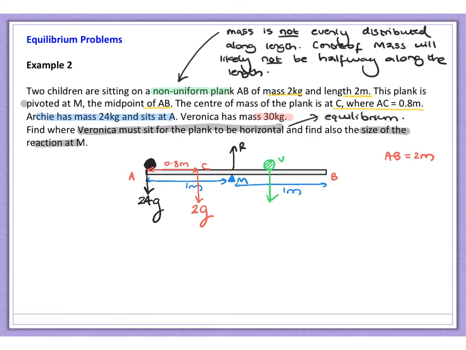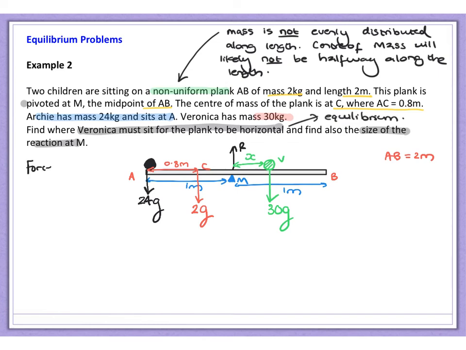And let's draw in her weight, which is 30g. Now, I don't know how far she is from B or from C, from A or from M. I'm going to say Veronica is x metres away from M. Again, I could take that measurement from B. Everything can be worked out relatively. You can try this question in lots of different ways and you will still get the correct answer at the end.